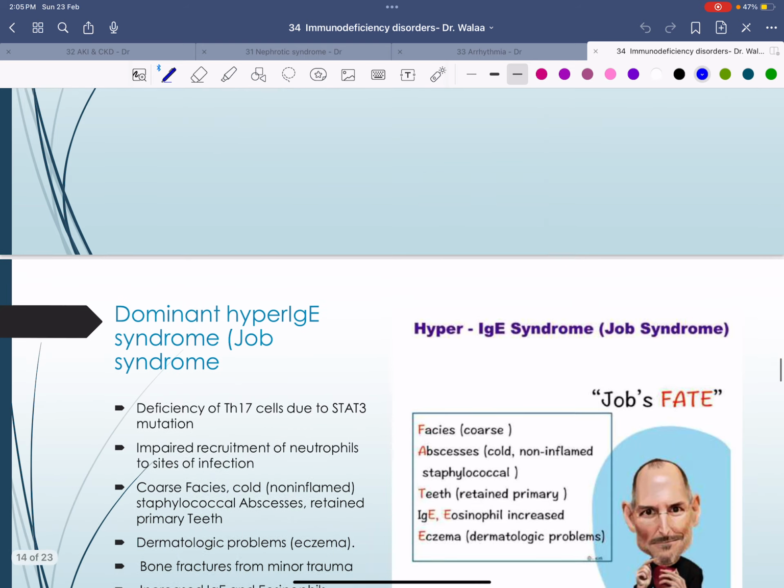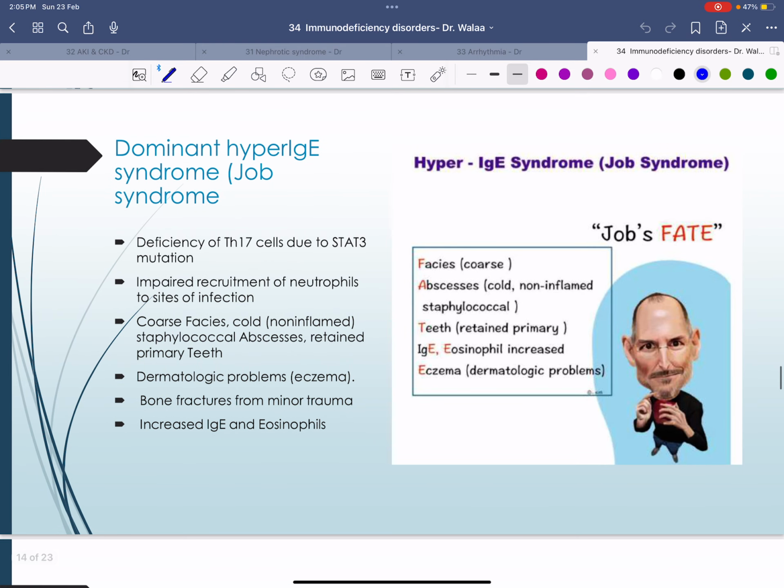Hyper IgE syndrome, or Job syndrome. Again, as we said, for any immune disorder, any underlying primary immune deficiency, there is an underlying genetic mutation. So in the case of Job syndrome, we have what we call a STAT3 loss of function mutation, and there are other mutations affecting T helper 17 recruitment or T helper 17 development.